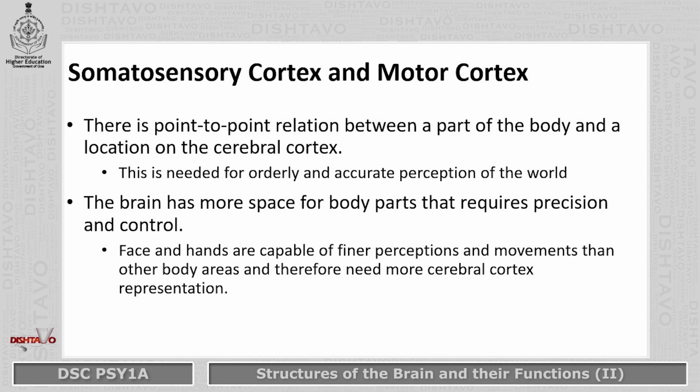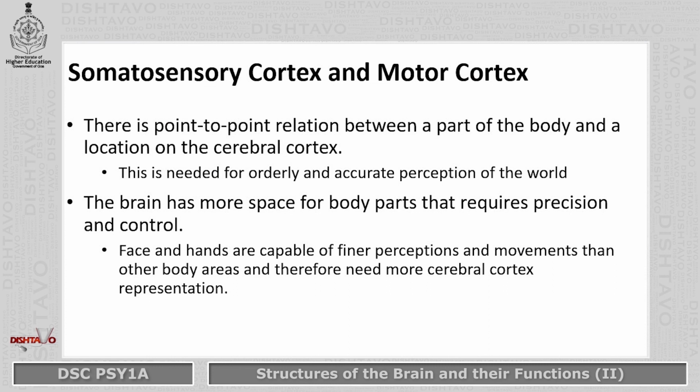This is needed for orderly and accurate perception of the world. For example, if something touches your lip, you know exactly which part of your body is being touched. This is because neural pathways from the lip travel to the area which is linked to the lip region of the cerebral cortex.